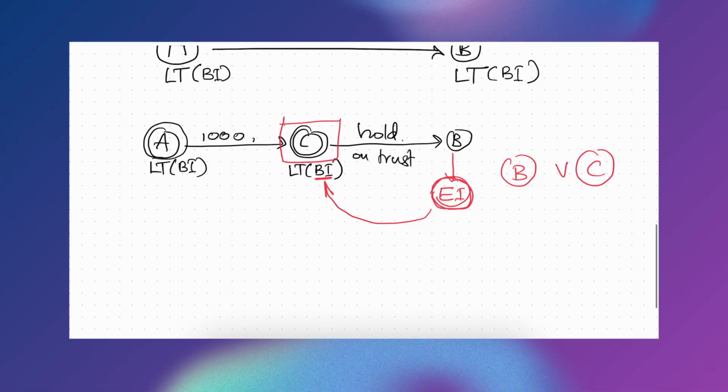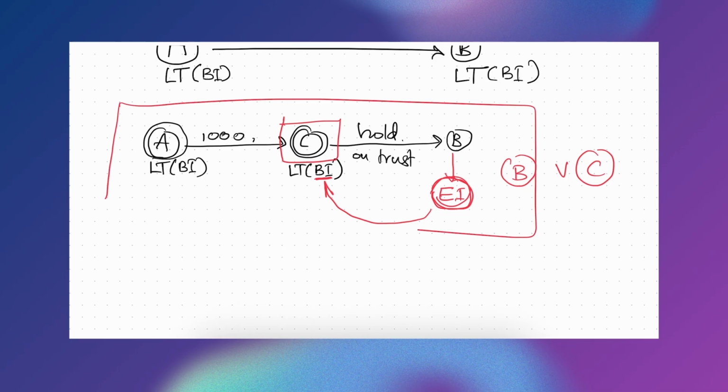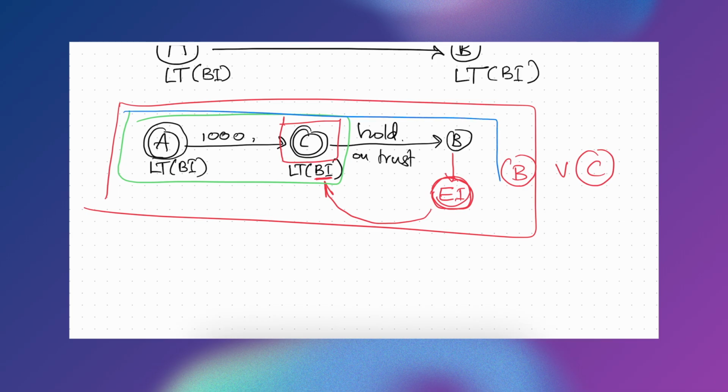So, to take our example again, if a judge looks at this relationship from the eyes of common law alone, he will only see this part. A has transferred £1,000 to C. That's all he will see. But when he puts on his equity glasses, he will see this third person and this relationship. This part will become clear to him.